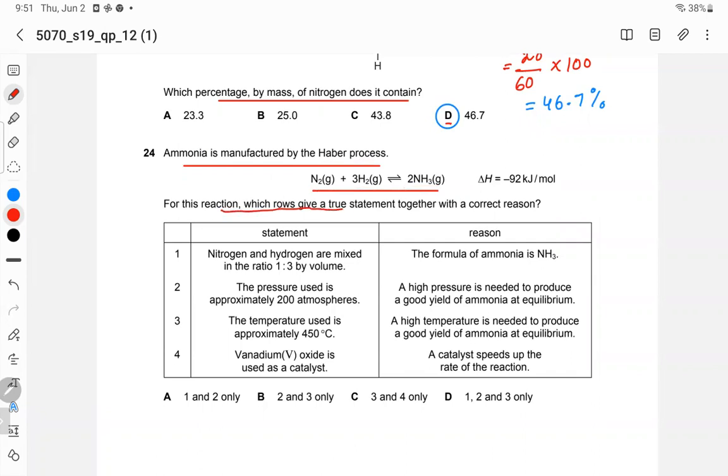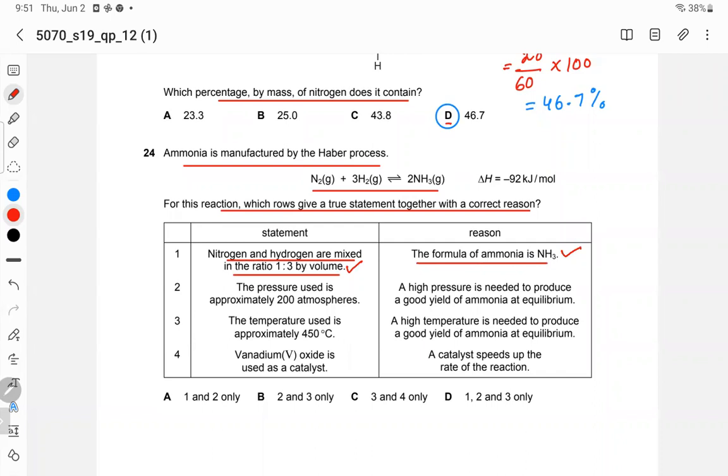For this reaction, which row gives a true statement together with the correct reason? Nitrogen and hydrogen are mixed in the ratio of 1:3 by volume. It is correct. The formula of the ammonia, yes, it is correct as well.